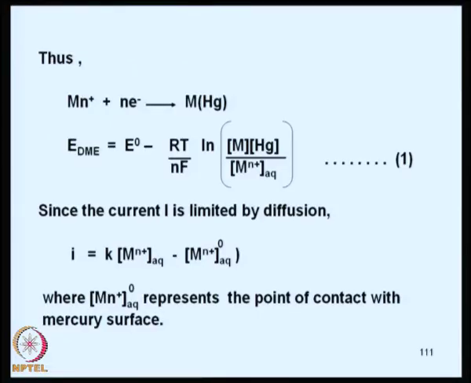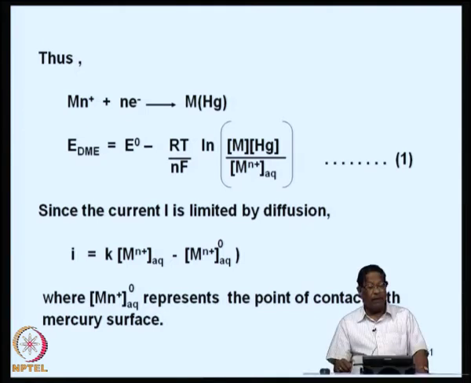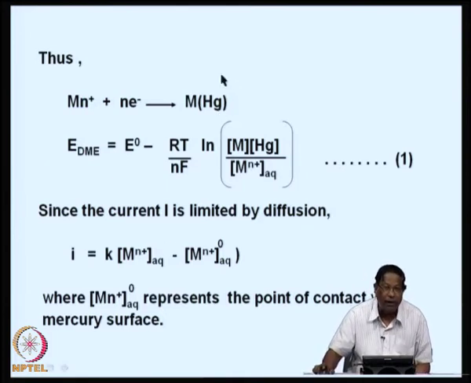So, look at this reaction. I am going to write a very simple reaction, M^n+ + ne^- going to M(Hg), that is a metal ion with n plus oxidation state reacting with electrons to get reduced, and that reduced metal is in contact with mercury here. That is what I am going to write in this equation.